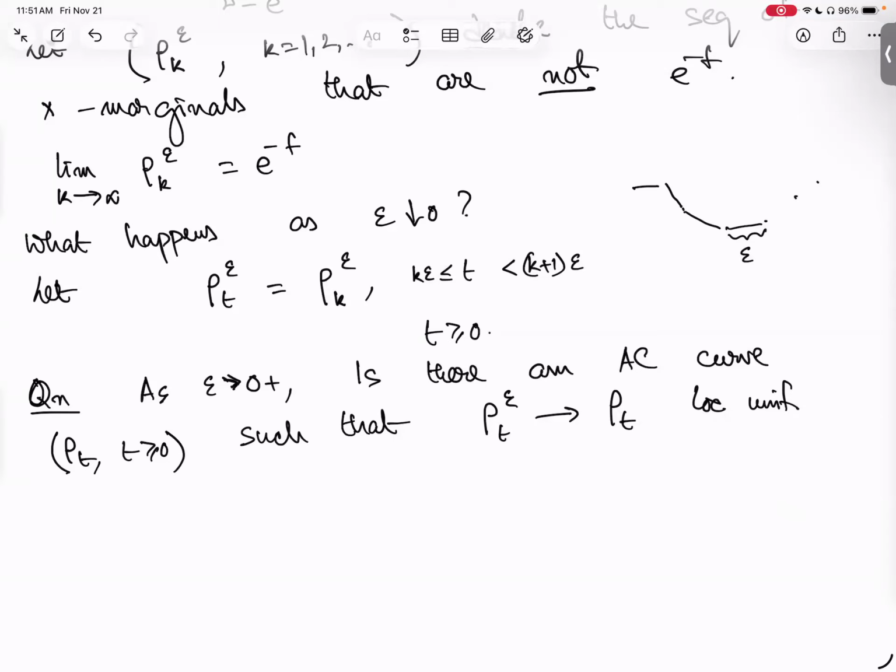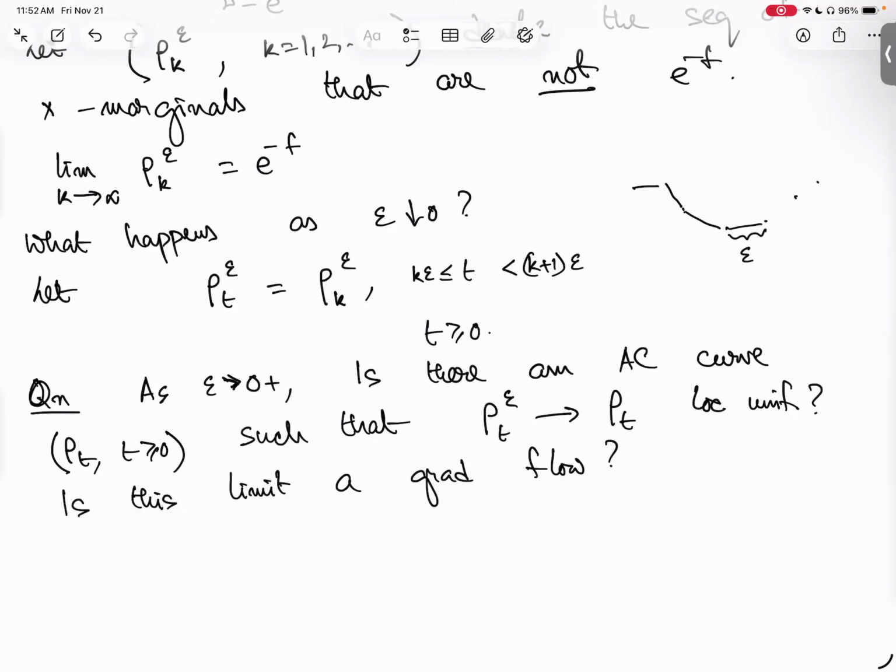So can it be interpreted as a gradient flow of something which is minimized at e to the power minus f? Is this limit a gradient flow? Do you see what I'm saying?